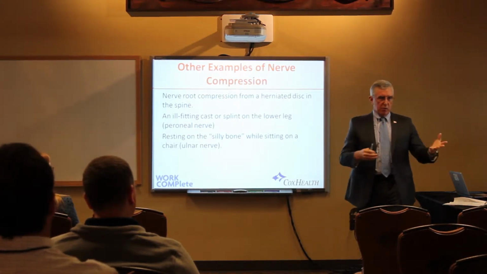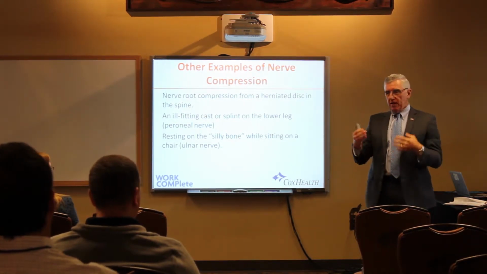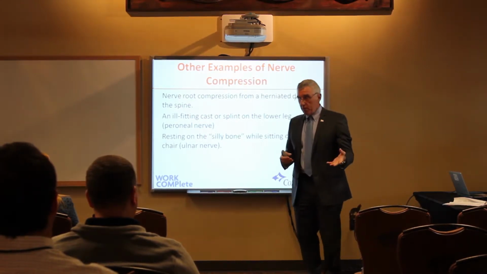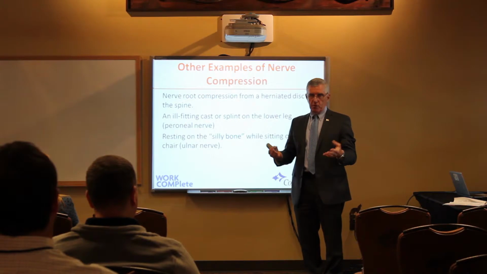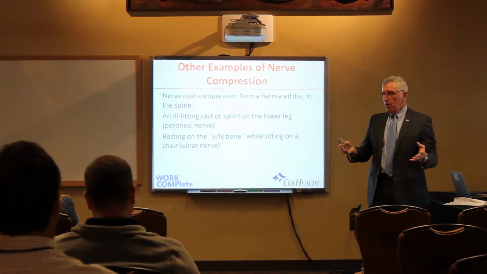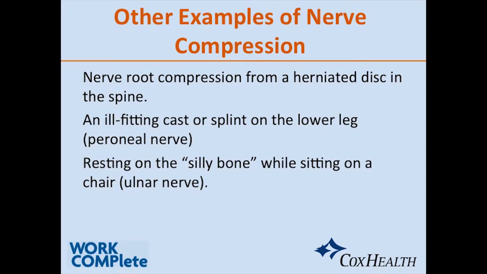The nerve can be a sensory nerve, or the nerve can be a motor nerve. If it's a sensory nerve, they're going to have altered sensation. If it's pressing on a nerve that has a motor component, it's going to produce weakness or uncoordinated movement. Okay. Now, there are many types of nerves that can be compressed.